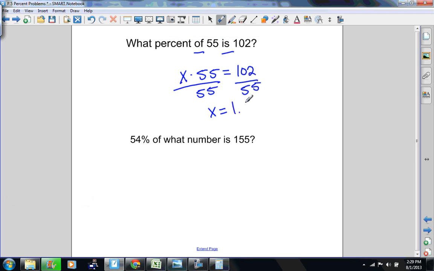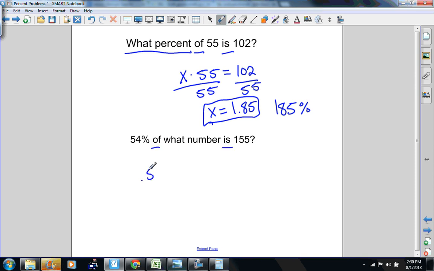Now, some of you probably caught it, but that's our decimal, and the question wanted what percent. So we have to turn this into a percentage, which means 185% is our actual answer here. Got to be careful with that. Doesn't happen very often. Just got to watch when it's asking for a percent or when it's asking for a decimal.